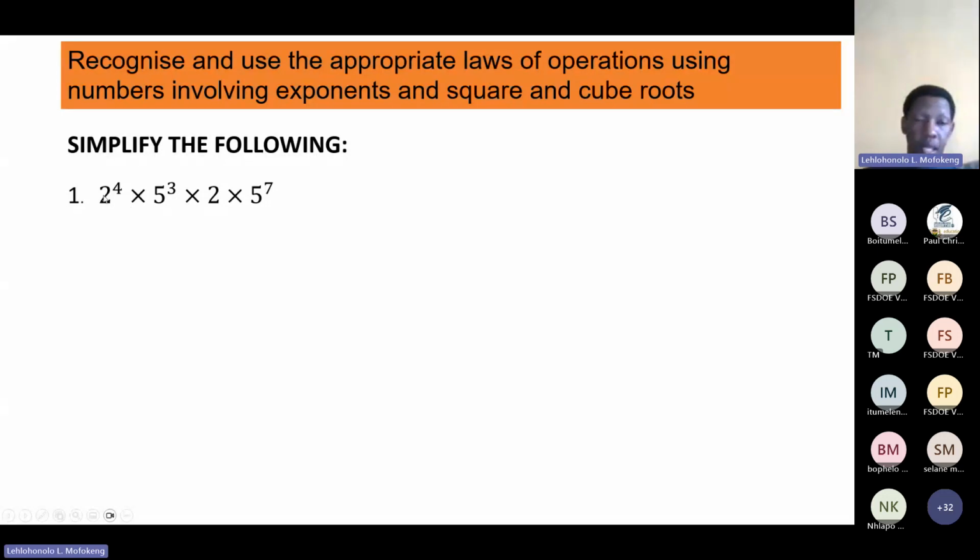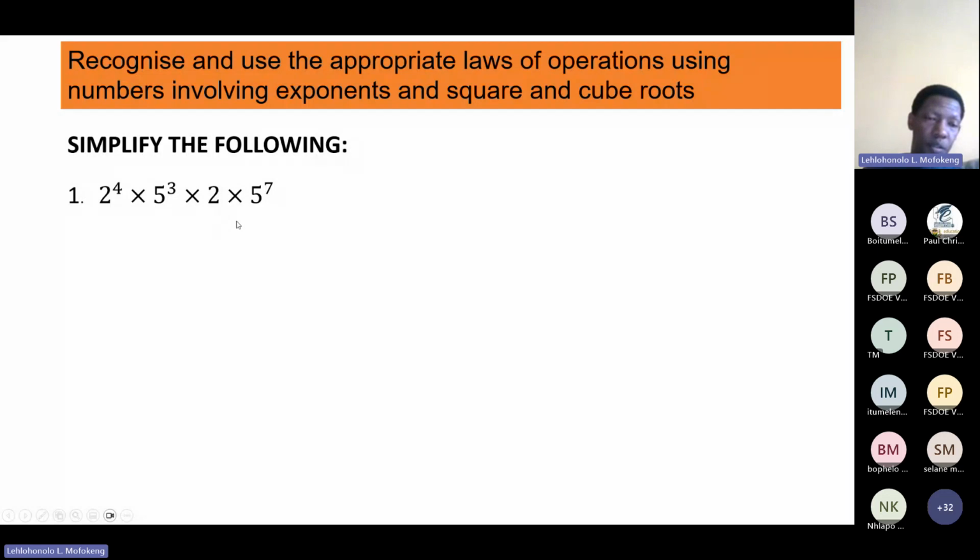So the first thing we can do is look for the same base, because throughout it is multiplication. We have base 2 with exponent of 4, and base 2 to exponent of 1. If there's nothing written on the exponent, we have exponent 1.